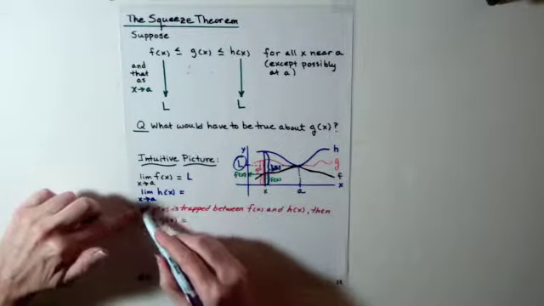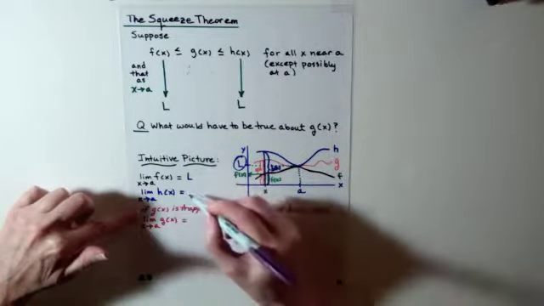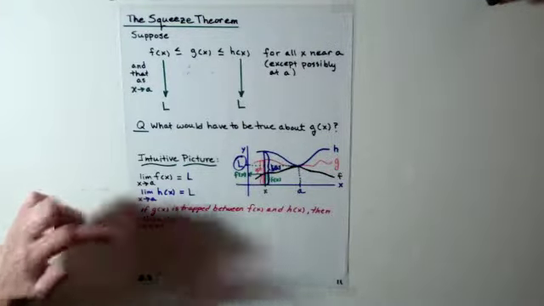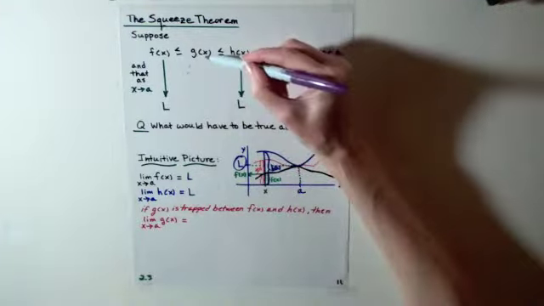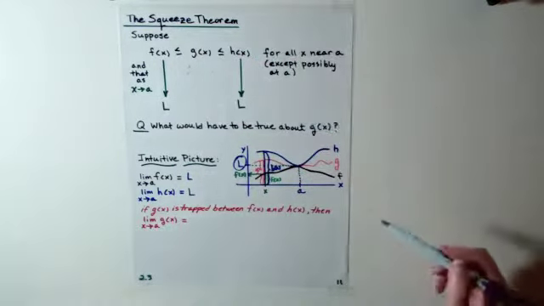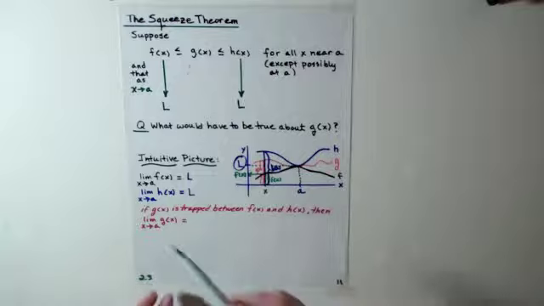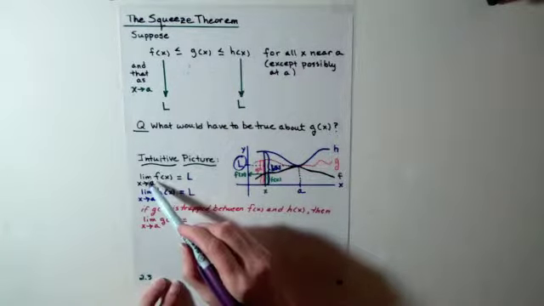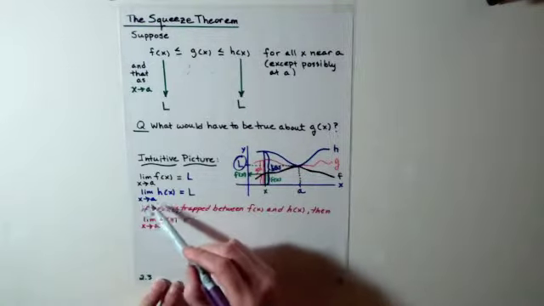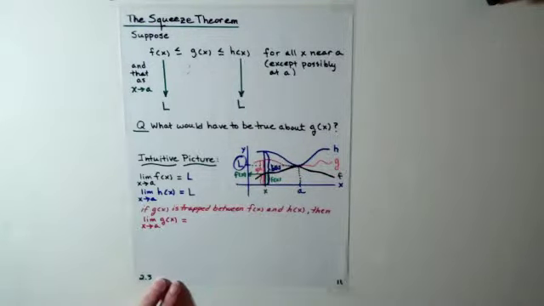So the limit as x approaches a of h of x, we are also going to be assuming that that is equal to L. So there are two assumptions. G of x is between f of x and h of x for each x in some interval around a. And we're assuming that the limit as x approaches a of f of x is equal to L, and the limit as x approaches a of h of x is equal to L.